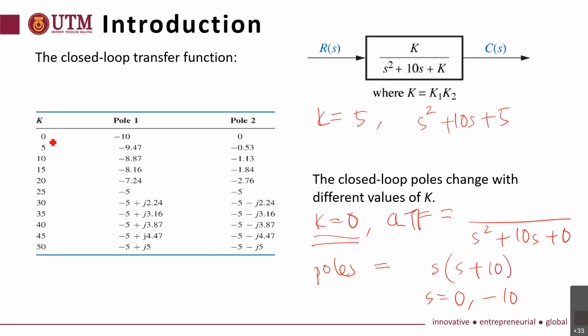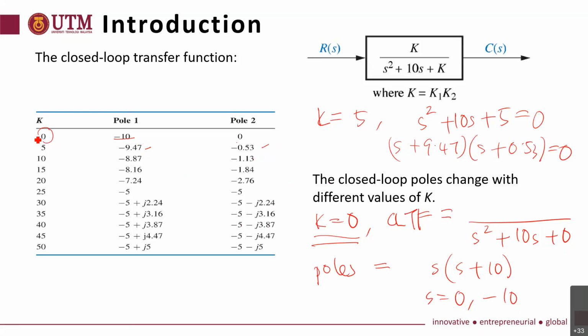When K is 0, the poles are 0 and minus 10. When K is 5, you solve this equal to 0, you get (s plus 9.47)(s plus 0.53) equal to 0. Then s is minus 9.47 and minus 0.53.